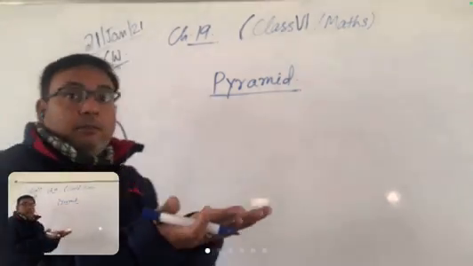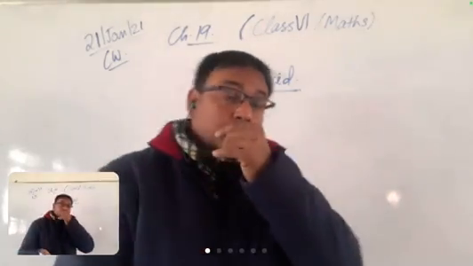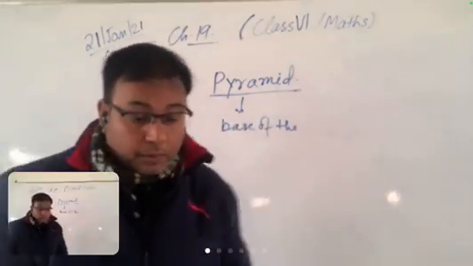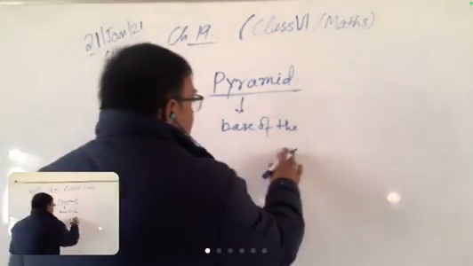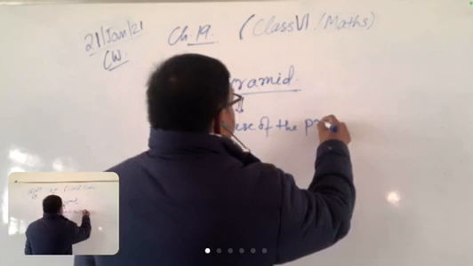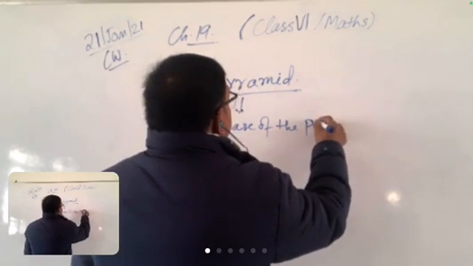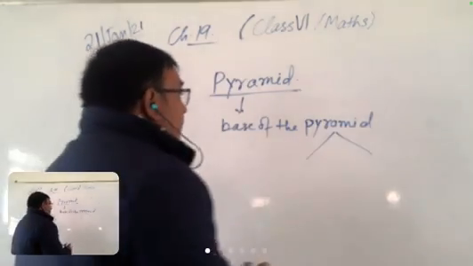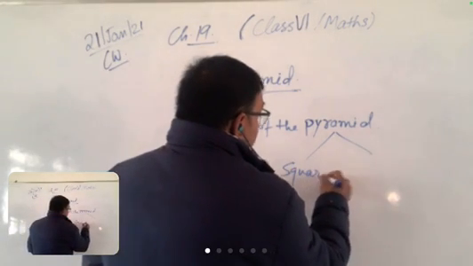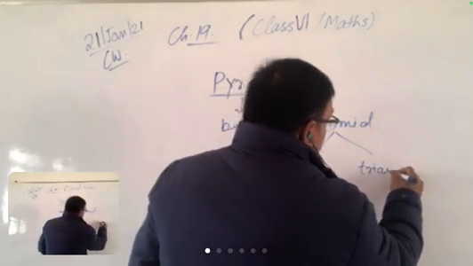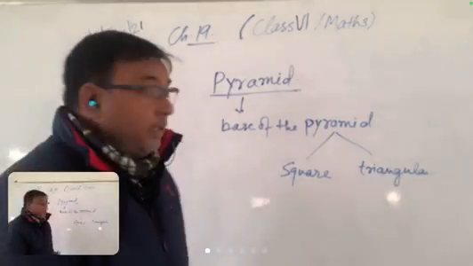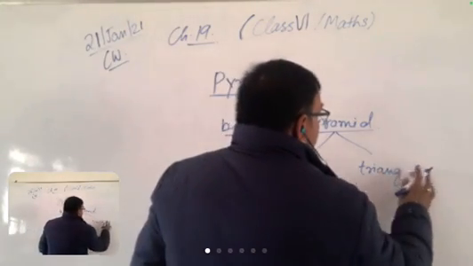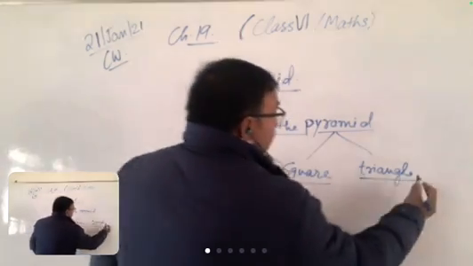So the pyramid is placed on land. Okay? So the base of the pyramid is square. The base of a pyramid is not necessarily square, but the base of the pyramid here is square. So there are two types of pyramid. One is a square pyramid and one is a triangular pyramid. So the base of the pyramid is either square or triangle. There are two shapes.